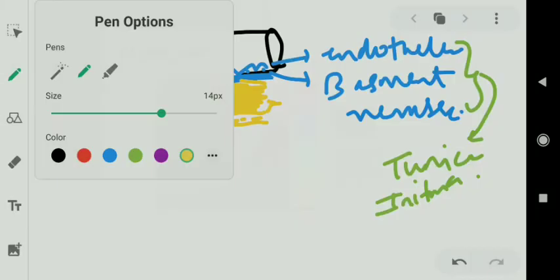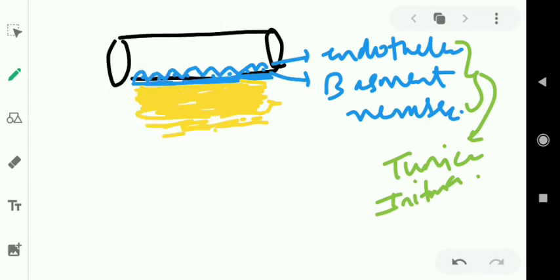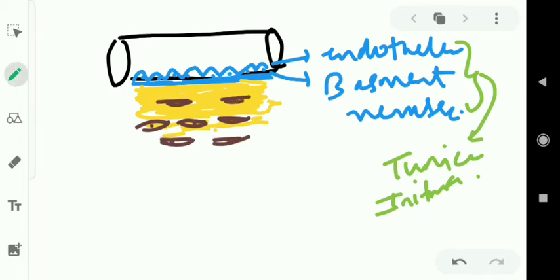You can see very little smooth muscle, just somewhere here and there, but mostly you will see the elastic fibers.